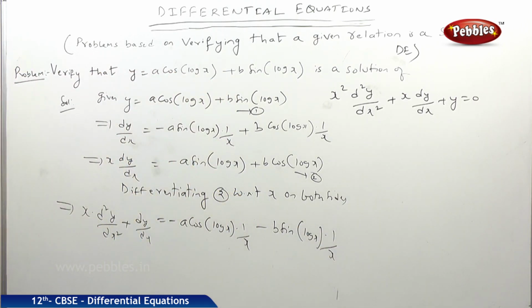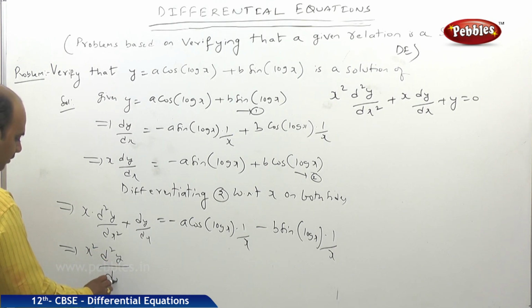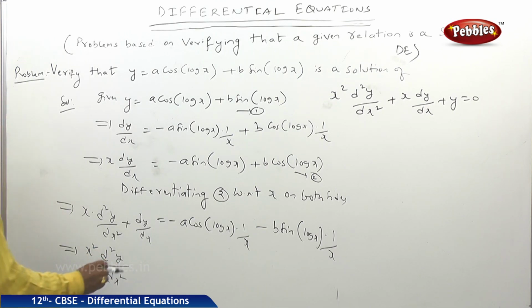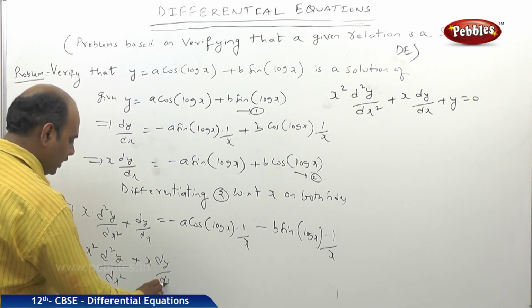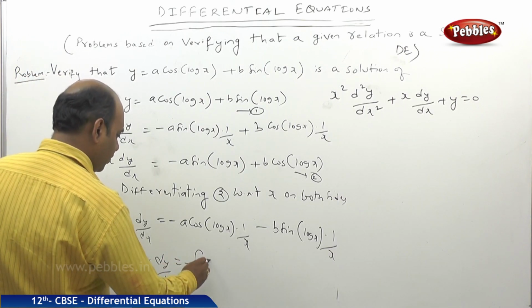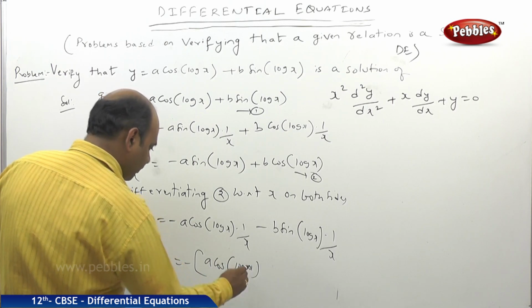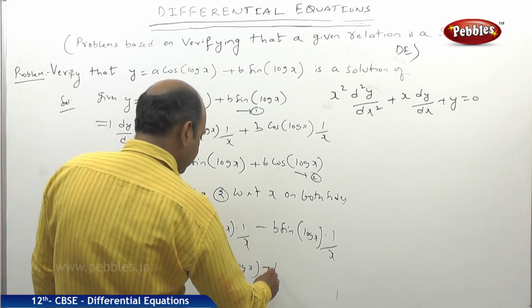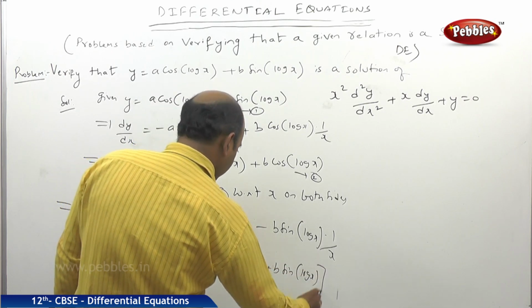As x is the LCM, I will send it to this side. So x square into d square y by dx square plus x into dy by dx is equal to minus of a into cos of log x plus b into sin of log x.